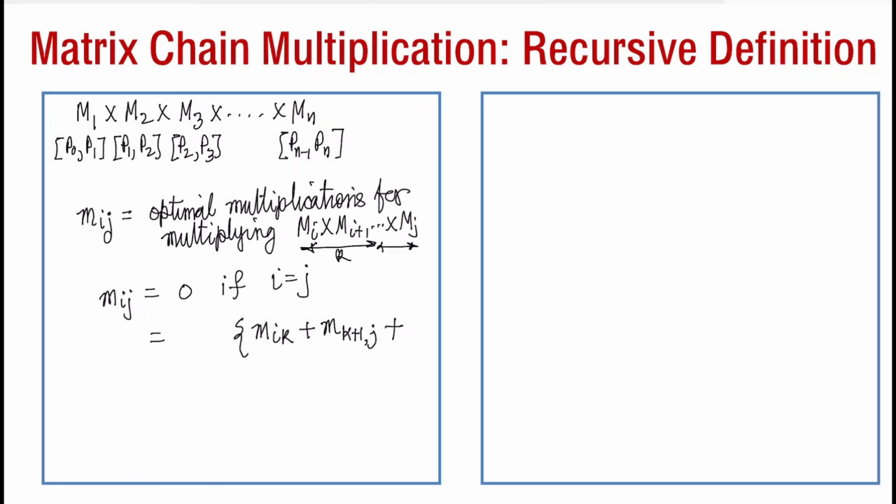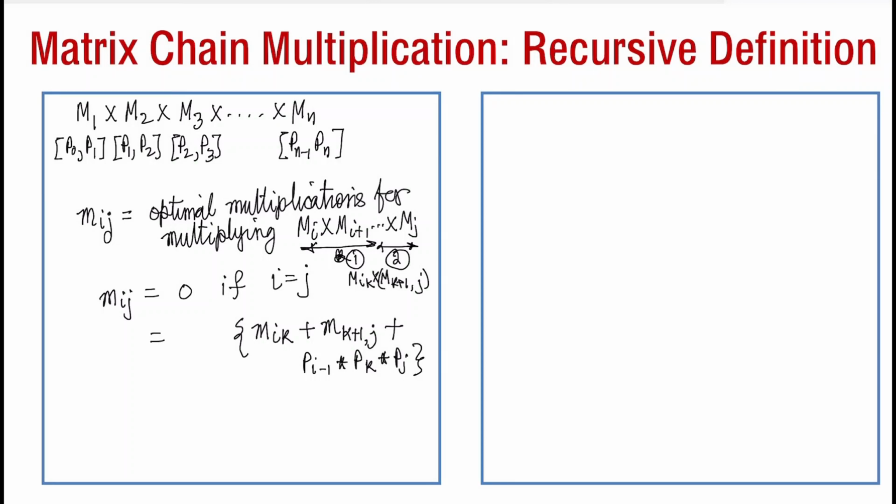So I'll break it up into two parts, part 1 and part 2, and I will break it up in as many ways as I can do part 1, part 2. And if I break it up like this, which is Mik and Mk plus 1 j, then when I compose these two, I will require Pi minus 1 into Pk into Pj multiplications after this.